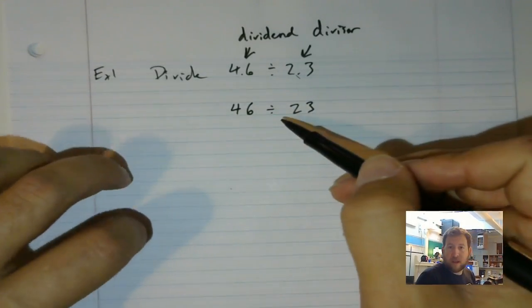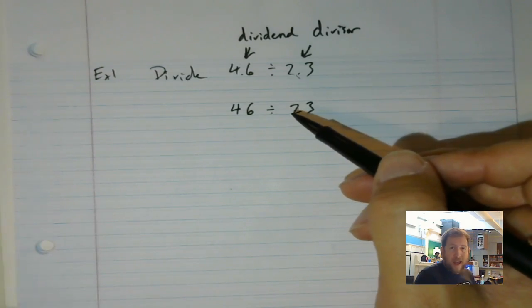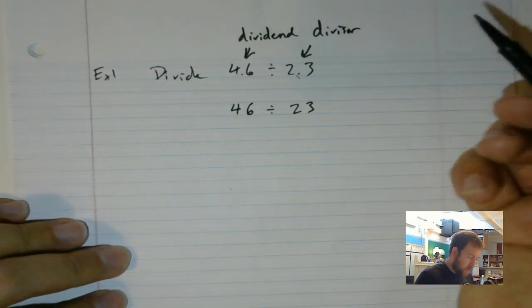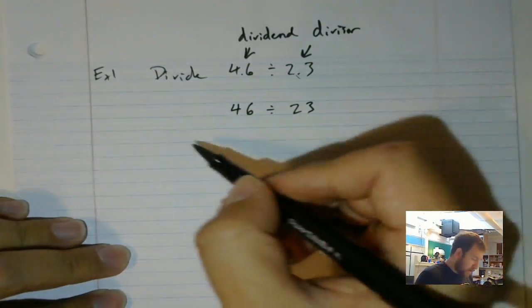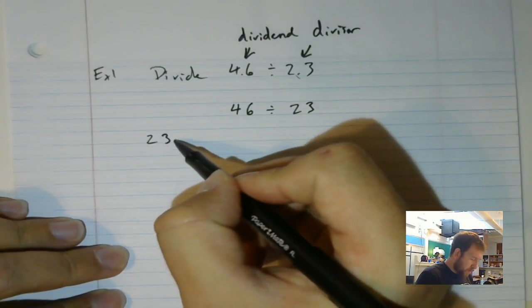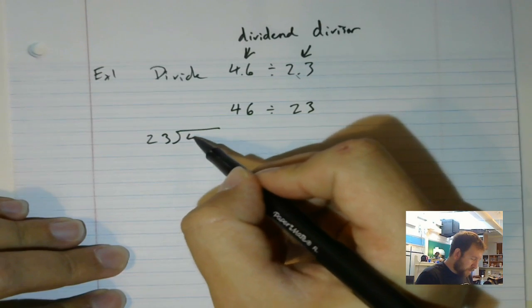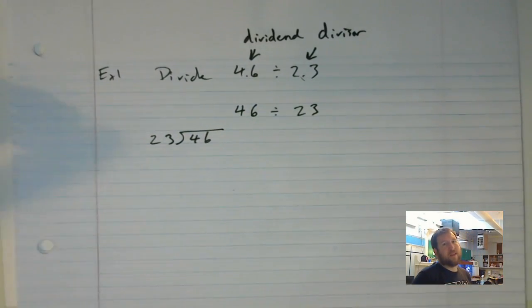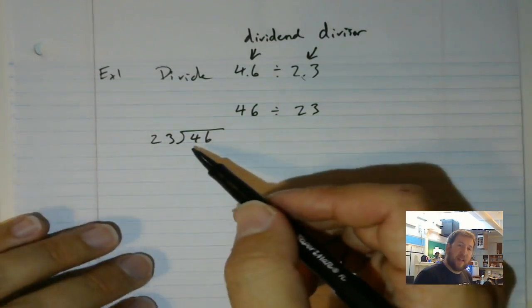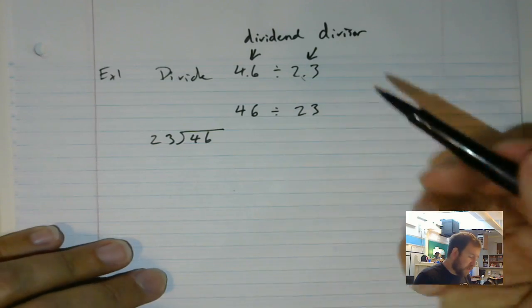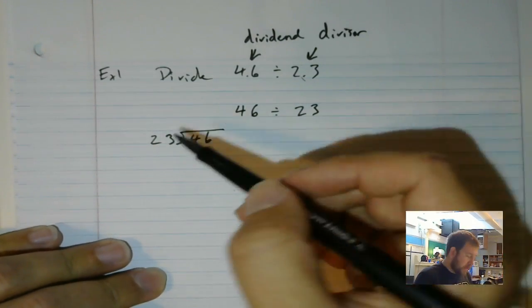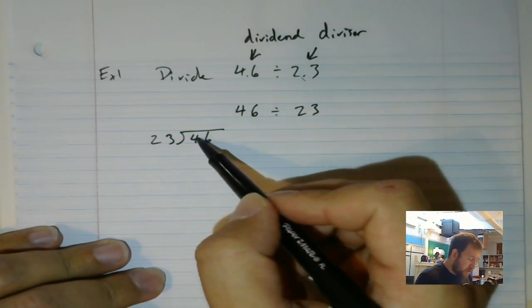Now this has no decimal points in it, which is totally fine, and I can set up my long division like normal. So I can write it like this: 23 divided by 46. Now this one's pretty easy. I'm not going to need to do a lot of long division here, but it's important to see how I just move the decimal points over. Now I can ask myself, how many 23s go into 46?